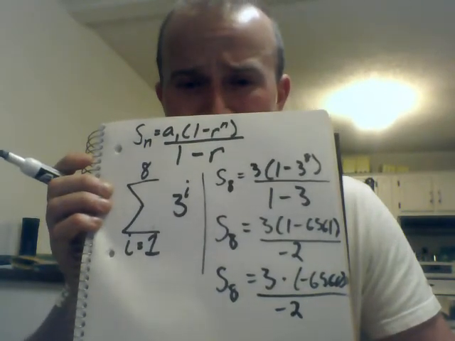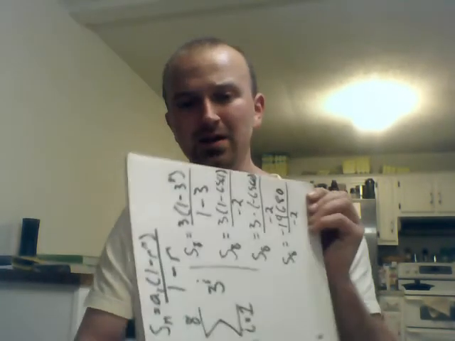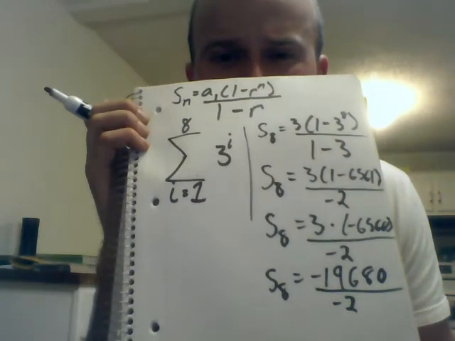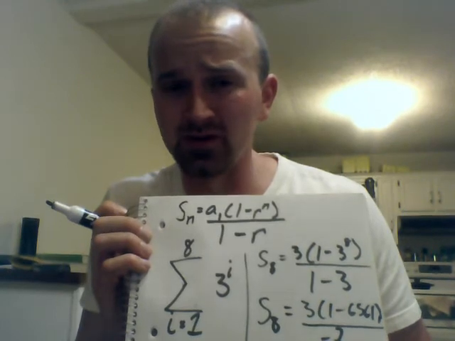So now I'm going to multiply the top, 3 times that big negative number. So I'm getting closer. S of 8 is now negative 19,680 all over negative 2. And now it's starting to get a little simpler, as we can see right there. And remember, if I'm going too fast, it's because there's a limit of 5 minutes on the video, so I gotta move.